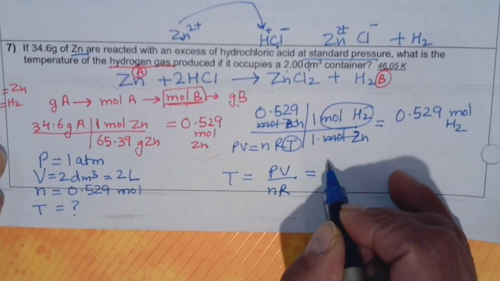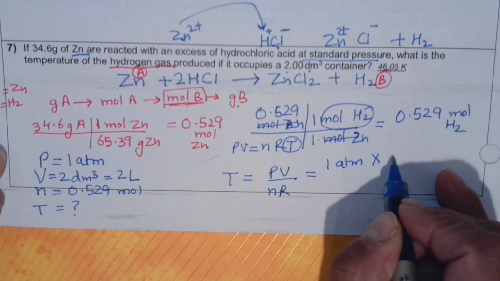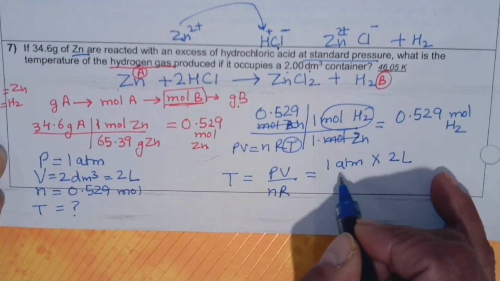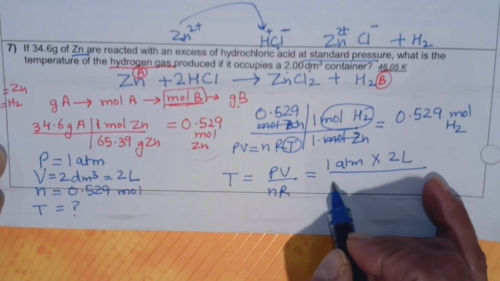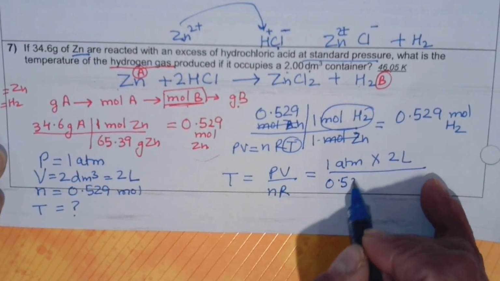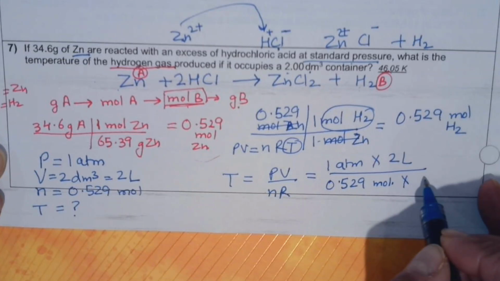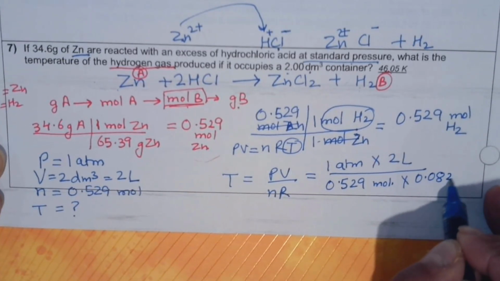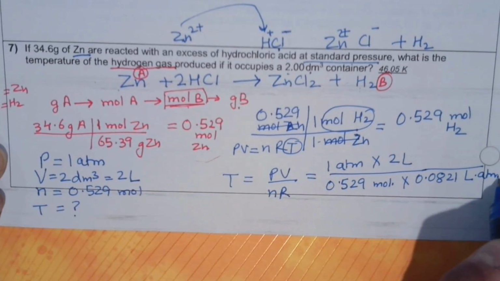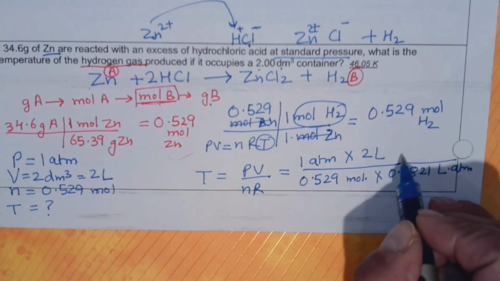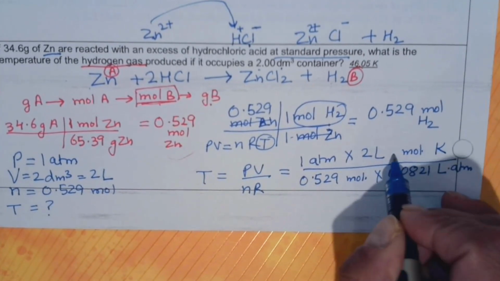Plug in all the numbers. 1 atm times 2 liters divided by n, which is 0.529 moles, and R is 0.0821 liters atm, and then mole and Kelvin go in the denominator, right?